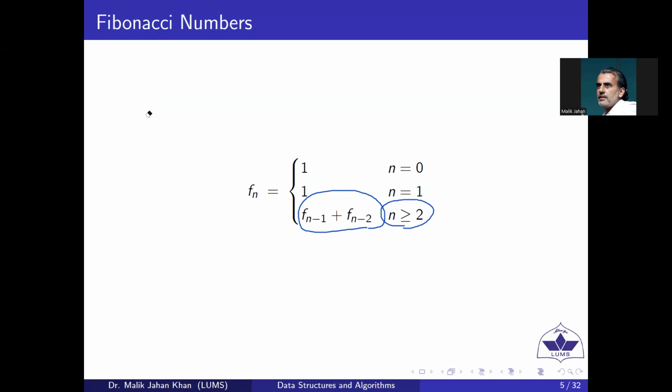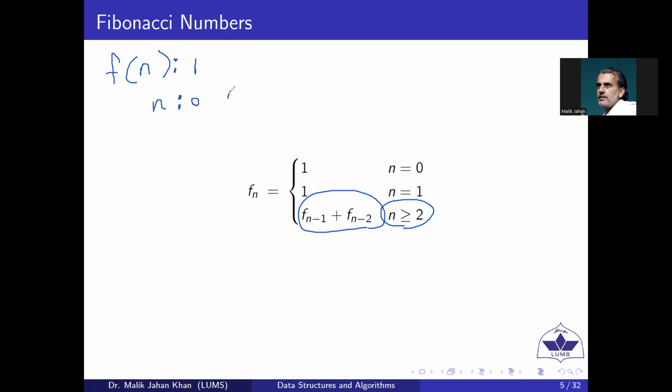Let me rewrite them. I'm going to write two things. One is the Fibonacci number itself, which is f of n, a function of n. The second is n, which is the index of that Fibonacci number. If we think of the 0th Fibonacci number, which is the starting index, the Fibonacci number is 1.